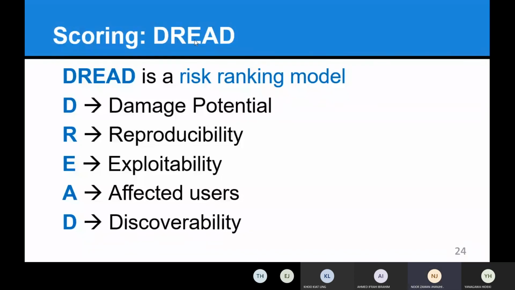And what does DREAD stand for? Each letter represents something, like in STRIDE. D is damage potential. R is reproducibility. E is exploitability. A is affected users, and D is discoverability. Notice that these five points are pinpointing something else.